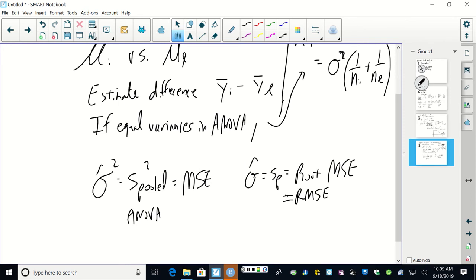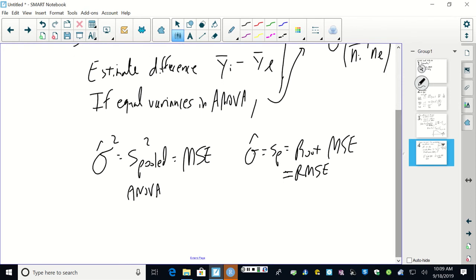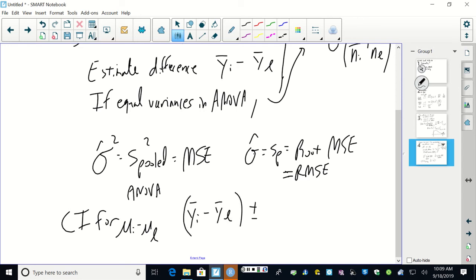And so we're going to do, say, a confidence interval for the difference, mu sub I minus mu sub L: Y bar I minus Y bar L, plus or minus a margin of error.